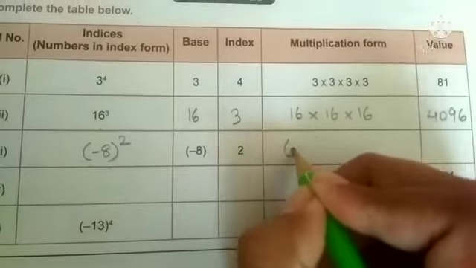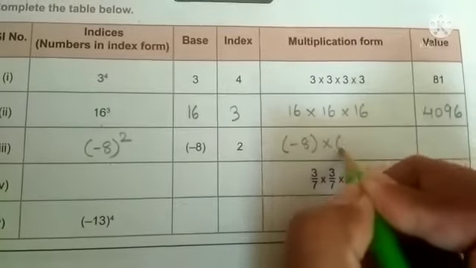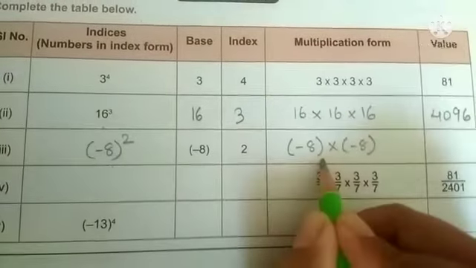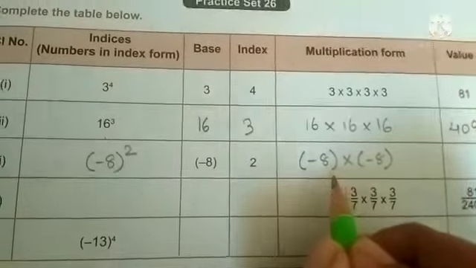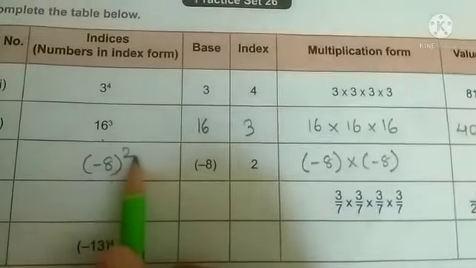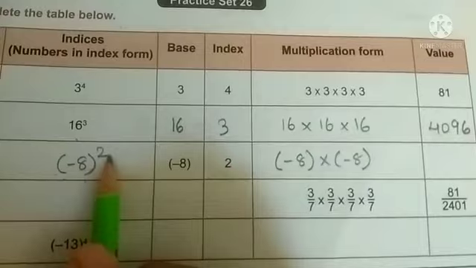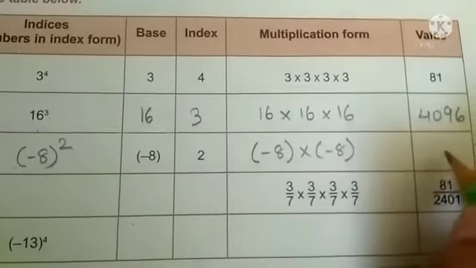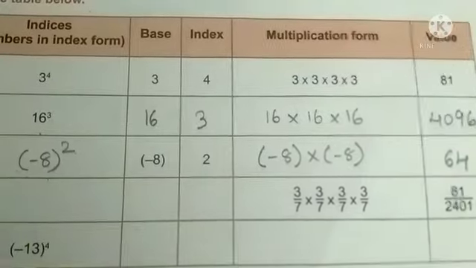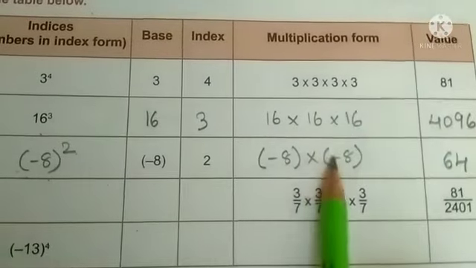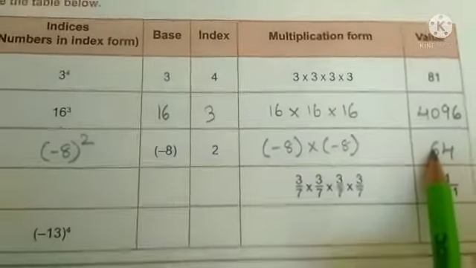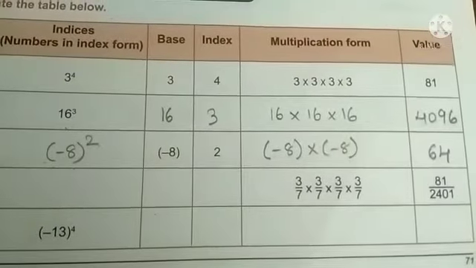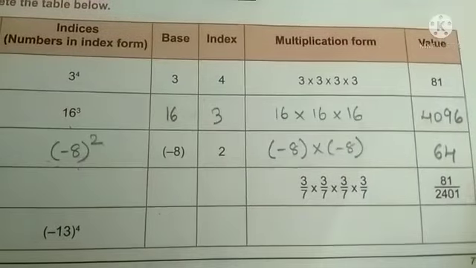That is minus 8 multiplied by minus 8. 2 times you have to write minus 8. Why? Because our index is 2. Clear? Now we have to find the value. So 8 8s are 64. Now with sign, minus minus will be plus. Clear? So like this you have to complete this table.